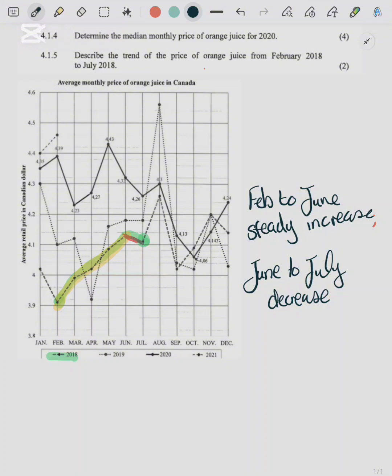And that's the 2 points that you need to mention. Now you put this in a full sentence and you would say something like, from February to June, there is a steady increase in the price of orange juice. And then from June to July, we see a decrease in the price. So put it into a sentence, but these are the 2 points that we're looking for in order to get the marks.